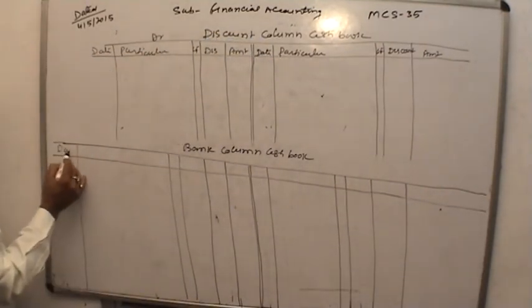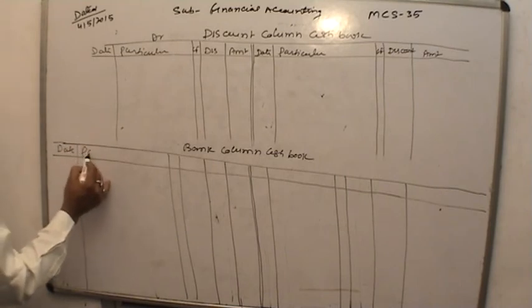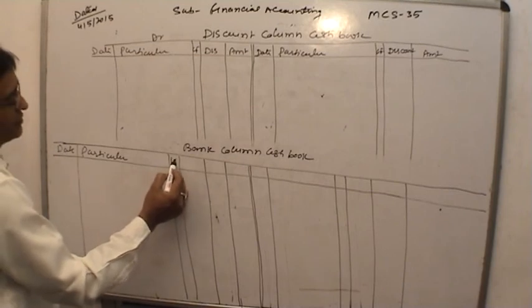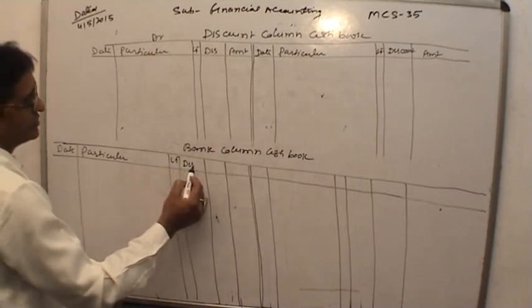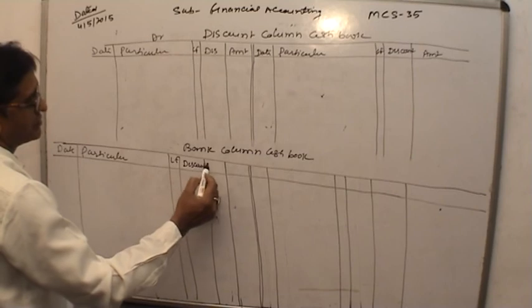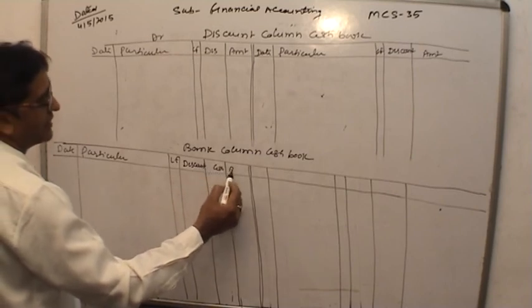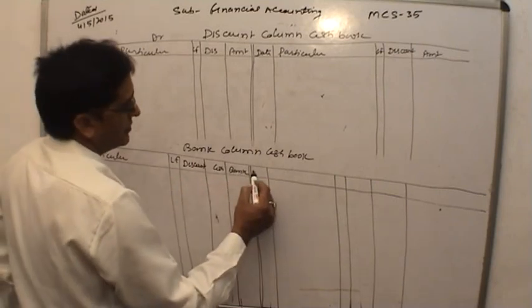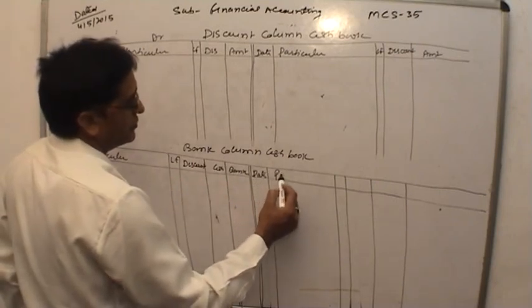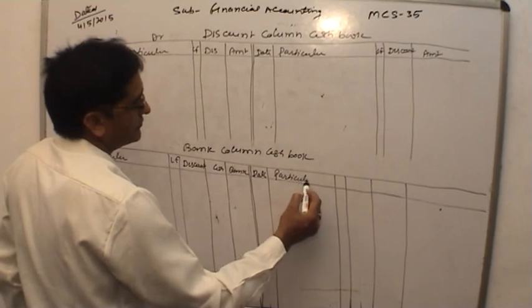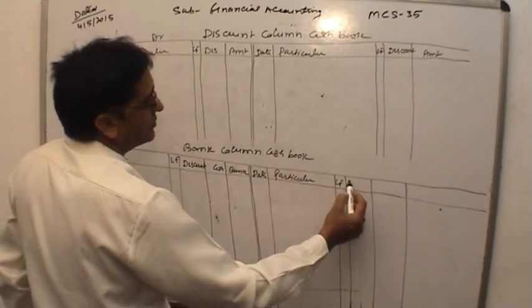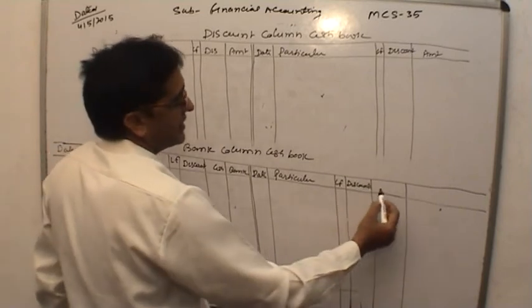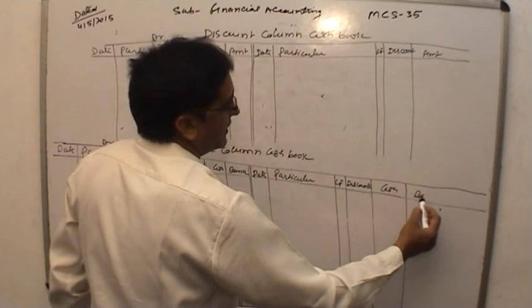This is date, particular, ledger folio, discount, cash, bank, debit, date, particular, ledger folio, discount, cash, and bank.